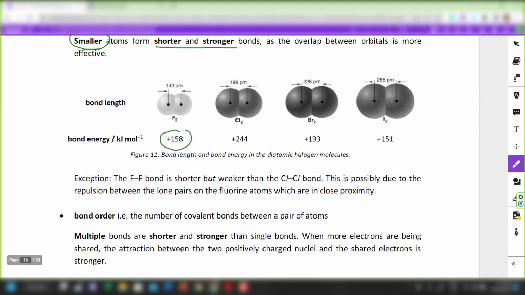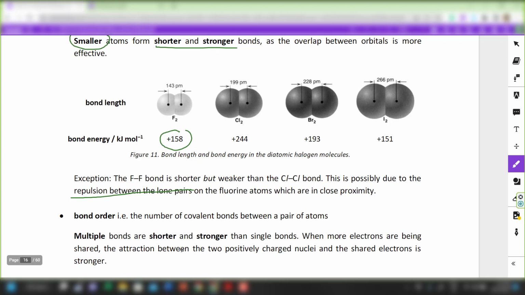So the lone pairs of electrons on the p orbitals will repel one another. The electronic repulsion between the lone pairs leads to a weakening of the covalent bond between the 2 F atoms. Because of that, fluorine has abnormally weak bond energy.